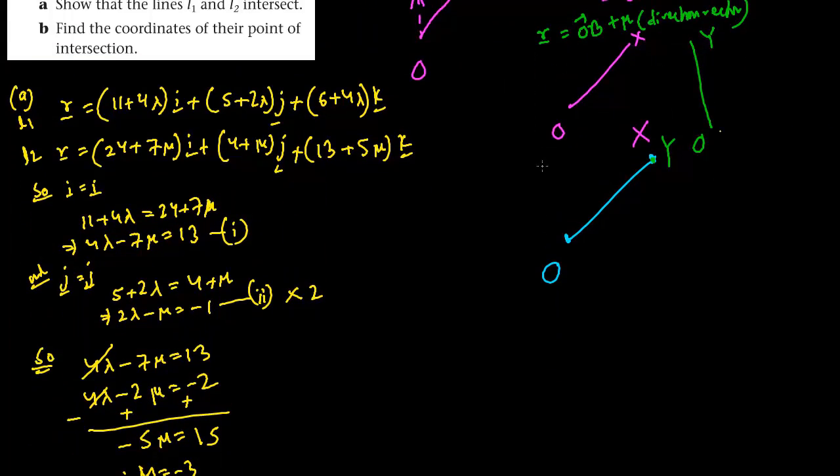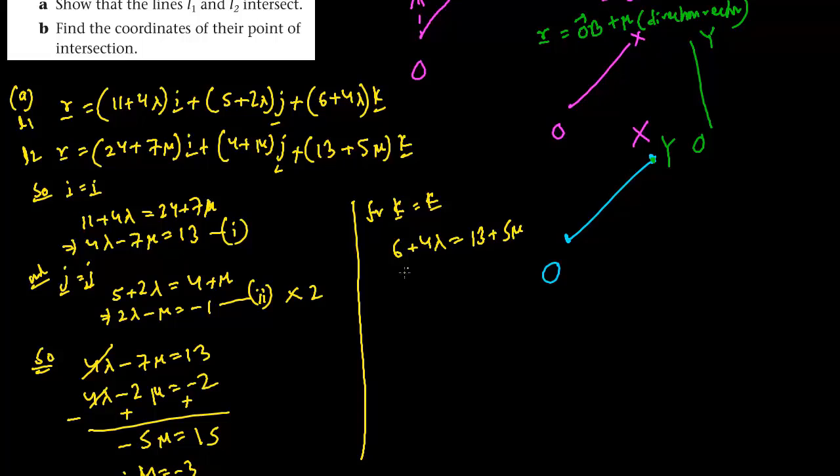For k equals k, the third equation is 6 plus 4 lambda equals 13 plus 5 mu. So it turns out to be 4 lambda minus 5 mu equals 13 minus 6, that is 7. So let's check.